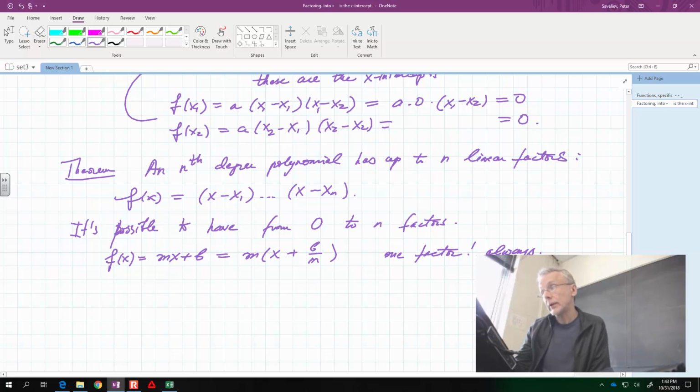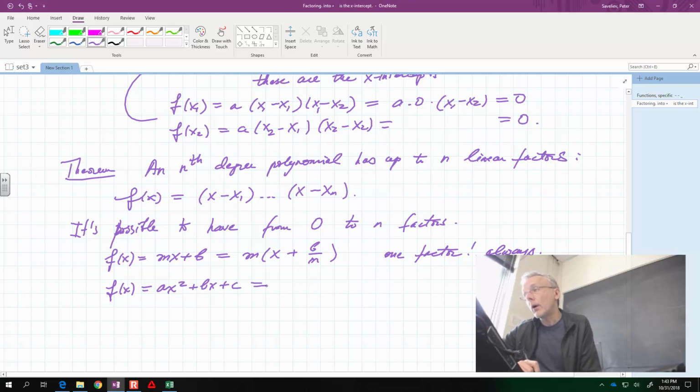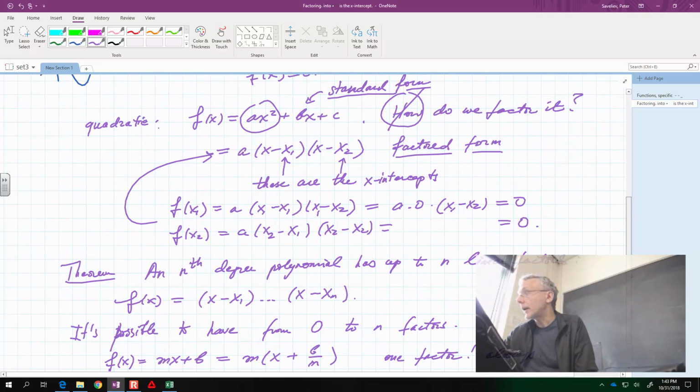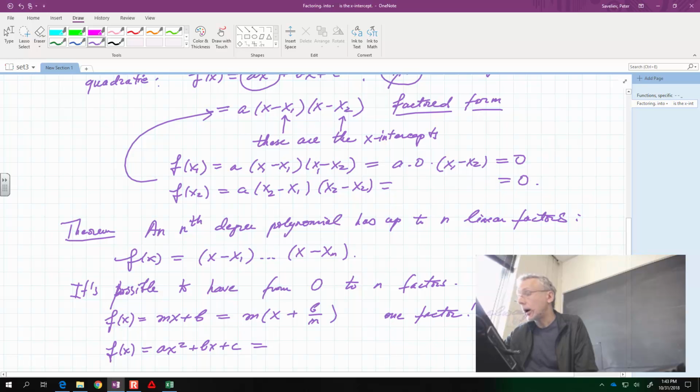What about quadratic? ax squared plus bx plus c. Okay, so we know that x1 and x2, that's the factorization, are the x-intercepts. So x1, x2, the x-intercepts, if any, are found from how?